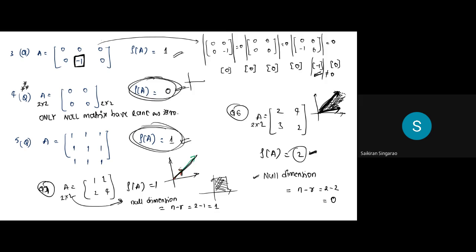If you have information of one vector, you can easily find the other. If this is v1, then v2 is simply 2v1. So when you know v1, you can write v2 also. So these are linearly dependent vectors.